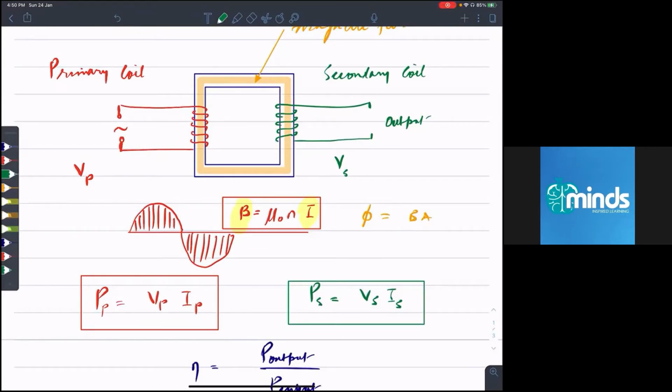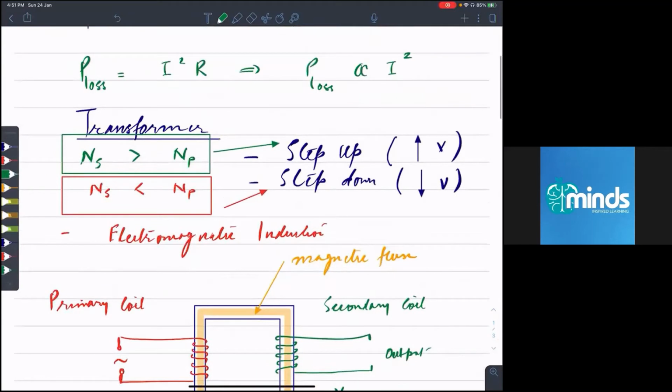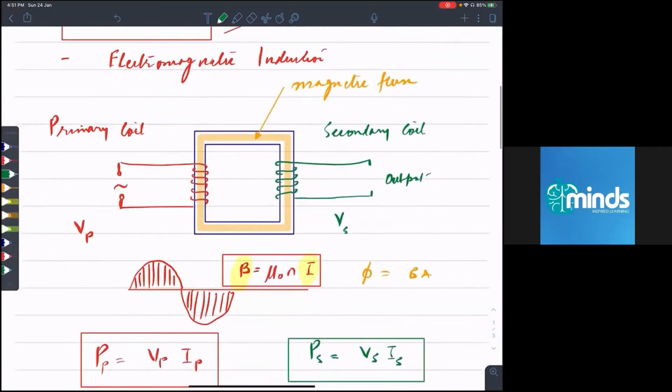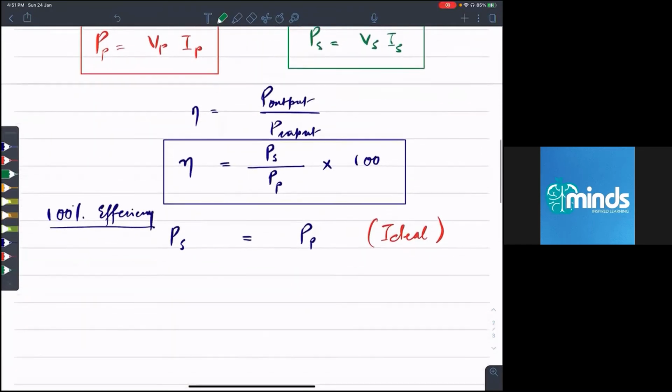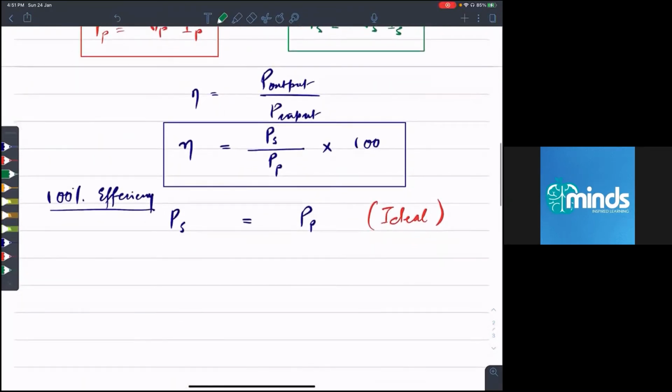If we apply Faraday's law for the primary coil as self-induced and the secondary coil as mutually induced and compare them, you can easily derive this result, but we don't need that working actually. It is something very easy to memorize. For step up, the number of turns of the secondary should be more, and for step down, it should be less.